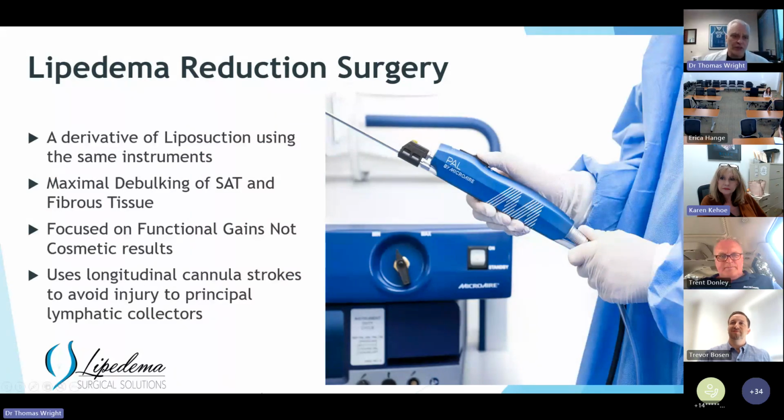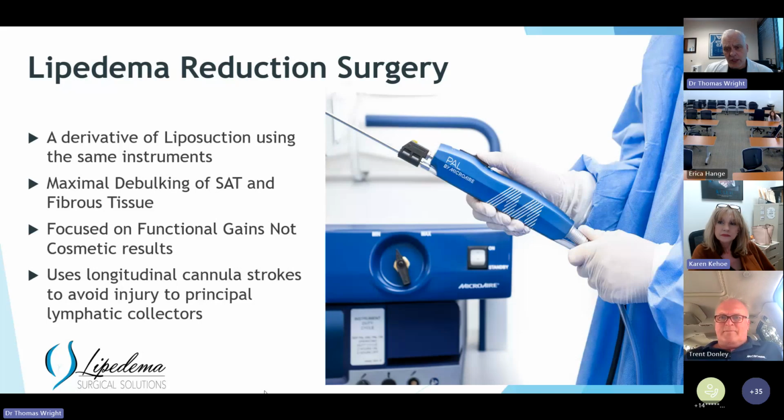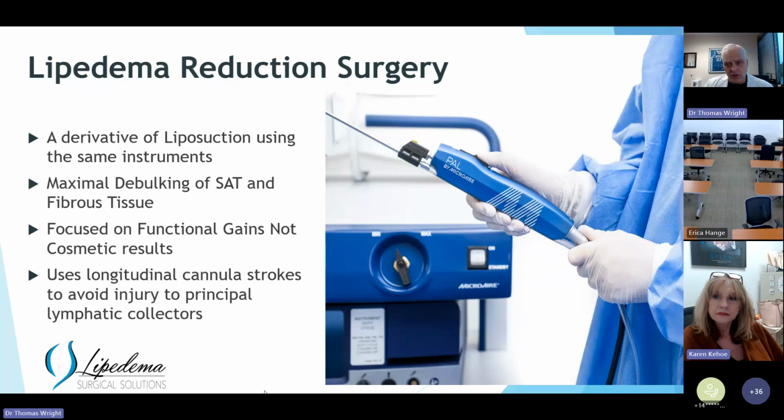So what is lipedema reduction surgery and how is it done? It's very similar to cosmetic liposuction in that it uses the same instruments, like the MicroAir PAL or LipoSculptor, which is a key instrument in the treatment. But it's different from cosmetic in that it focuses on maximal debulking of the subcutaneous adipose tissue.